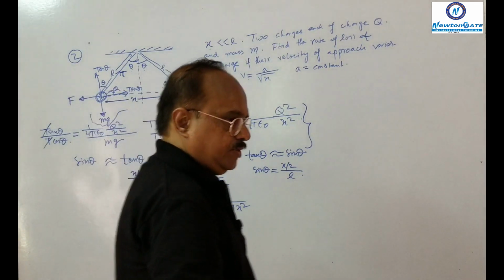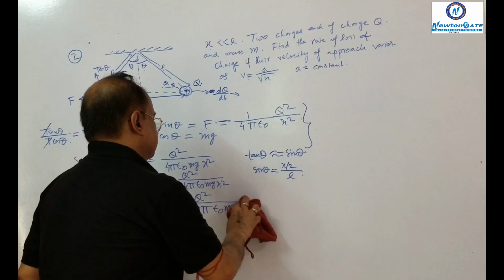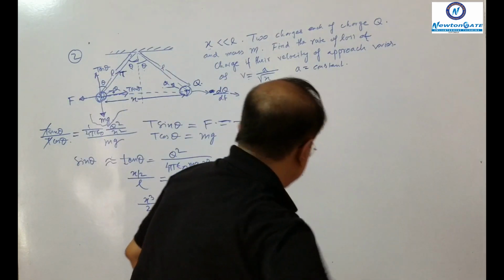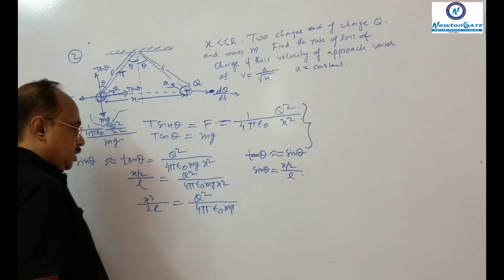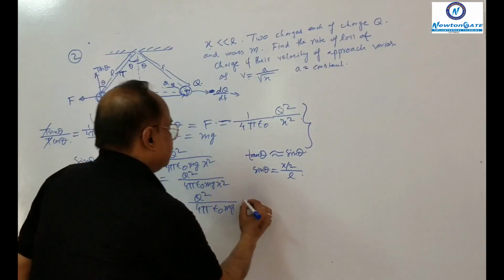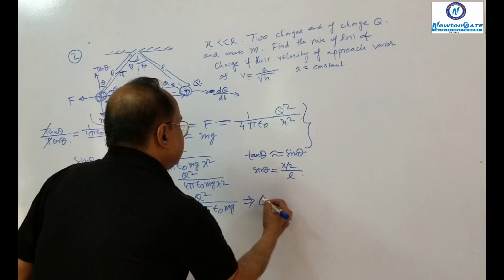Sorry, not x square, x square is cancelled. Here x square already I sent over, here x cube. So from here let us segregate q square.